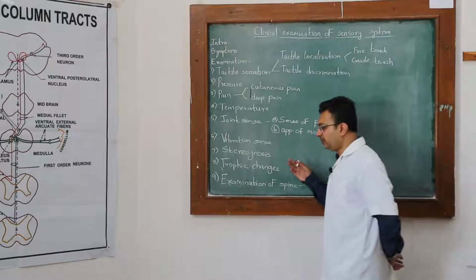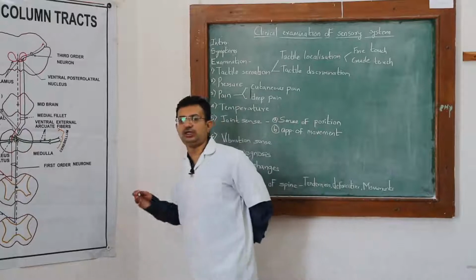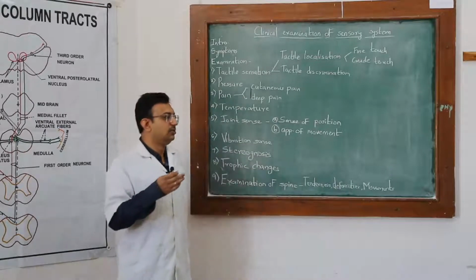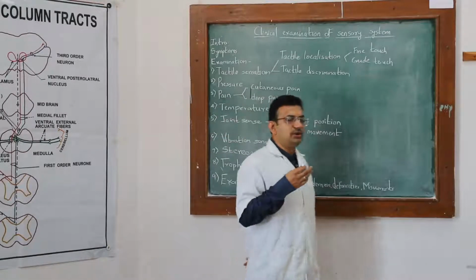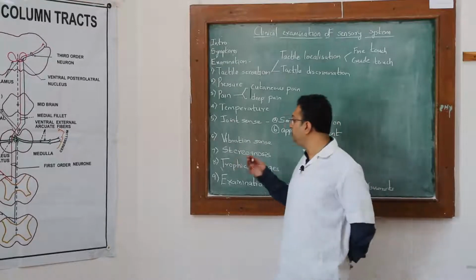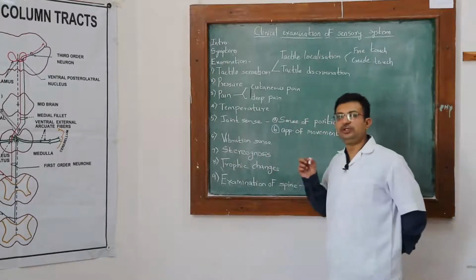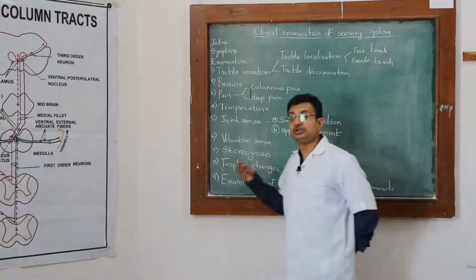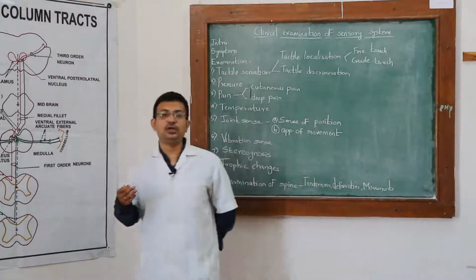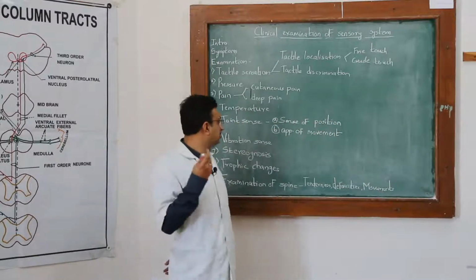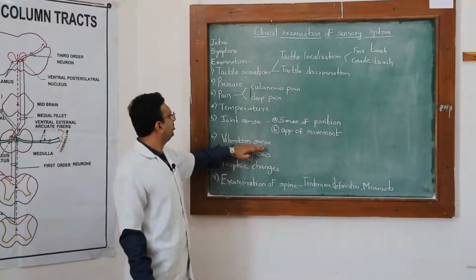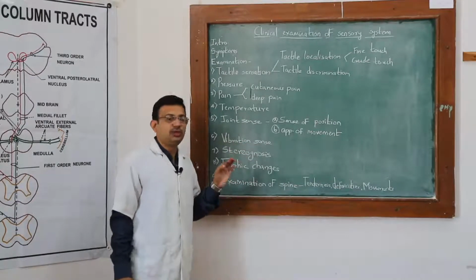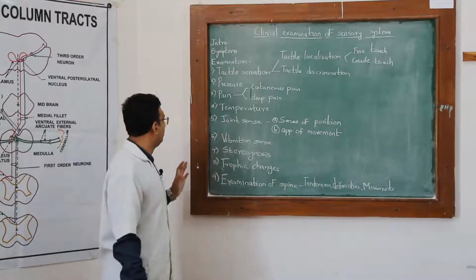In physiology, we have various tuning forks: 100 Hz, 128, 512, and so on. Mainly for vibration sense we use the 128. Higher frequency tuning forks are used for auditory testing. So always remember, for vibration sense you should pick up the 128 Hertz tuning fork.